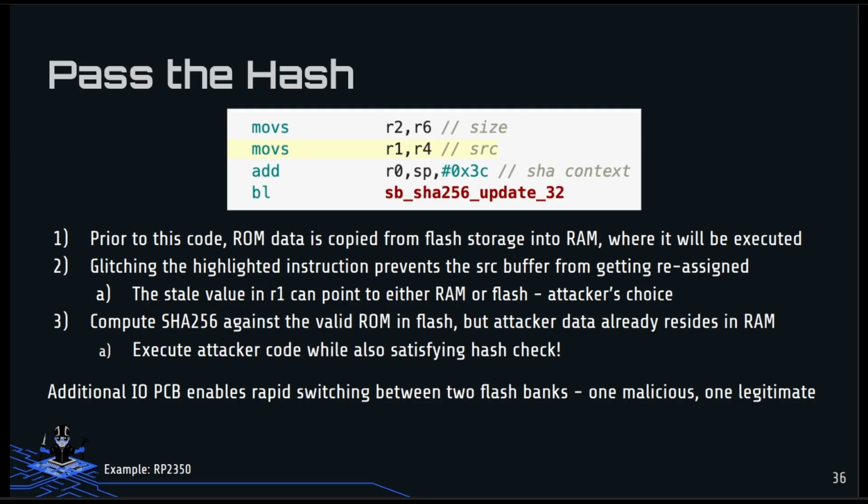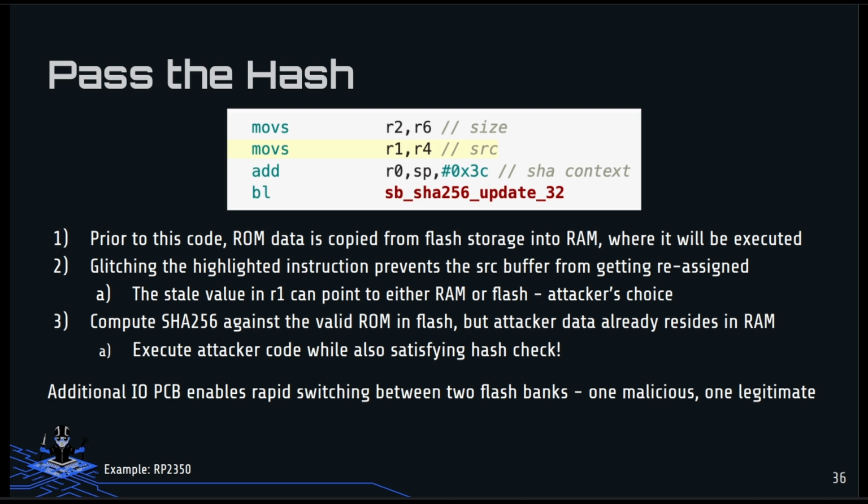We are trying to target this code that is checking the hash as part of the secure boot process. And we're not actually doing a pass-the-hash attack, just talking about this hashing code here. What we're looking at is the highlighted instruction, the MOVS R1, R4. Prior to this point, the code that we're trying to execute has been copied out of the ROM into RAM, which is where it's going to be executing out of.